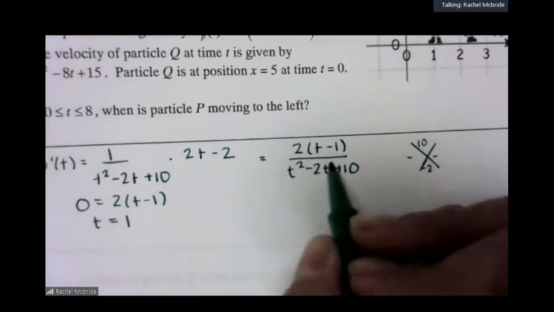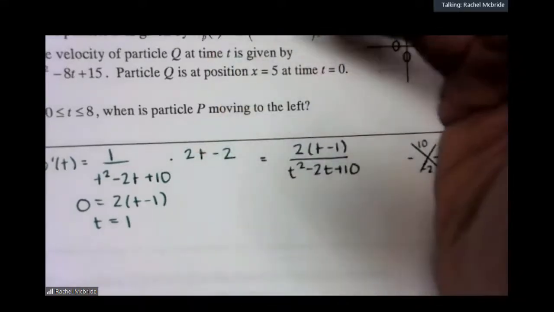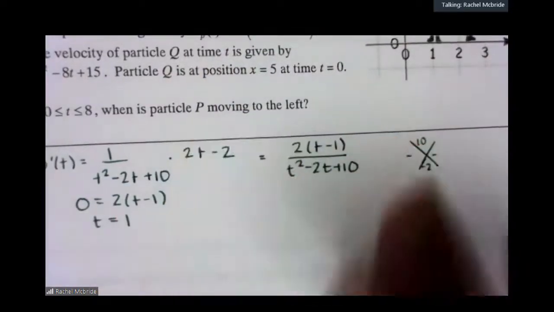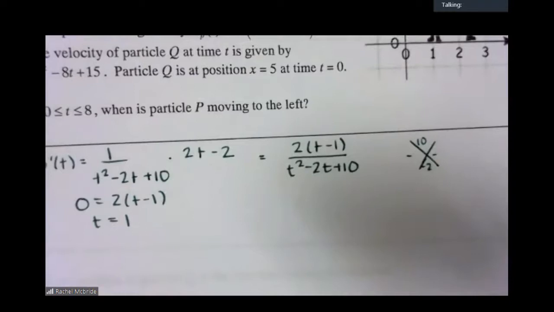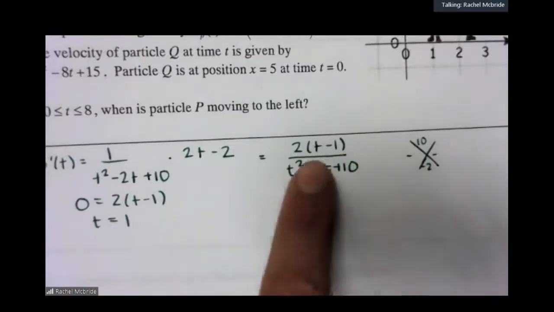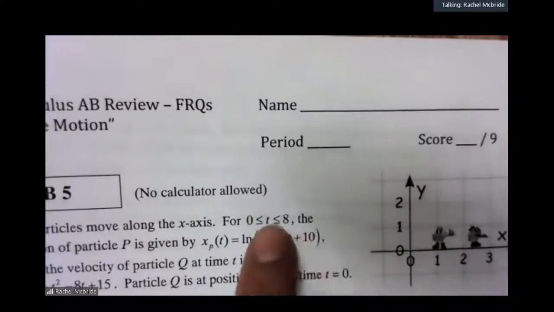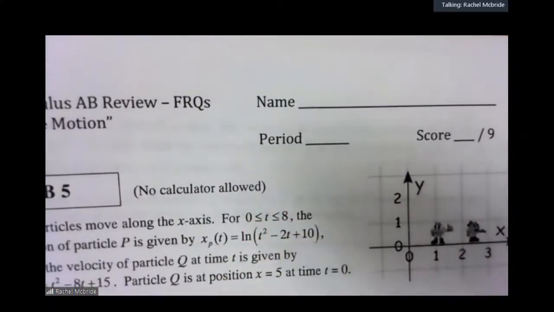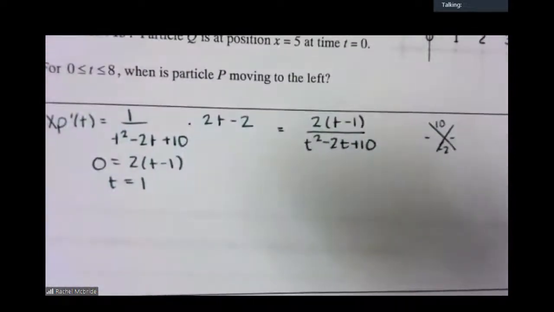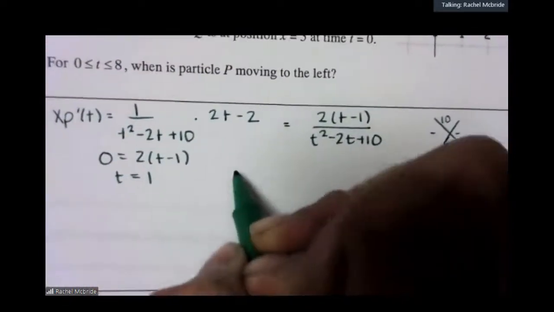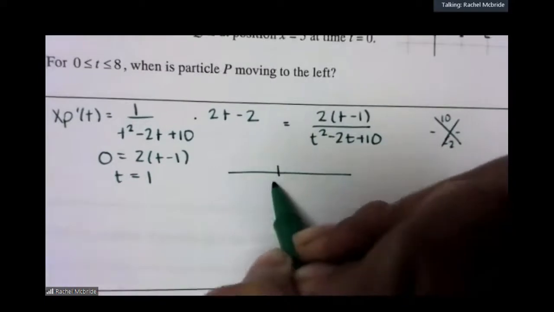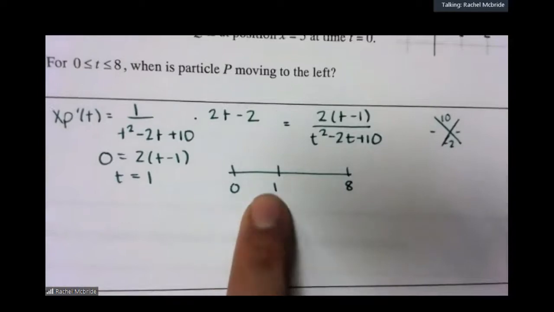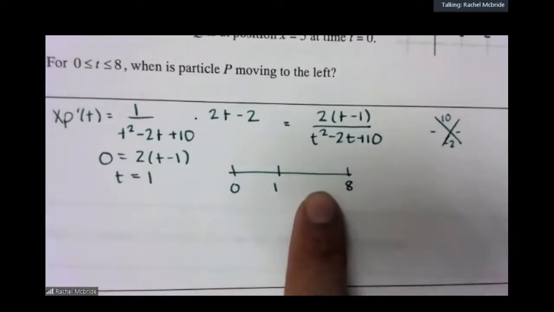So this quadratic is shifted up and doesn't cross the x-axis. Therefore, it is positive always. So there are going to be no points at which this is negative. That also should make sense because the domain of a natural log is all positives. So the denominator is always positive. Our only point of concern is 1. So we're going to compare between 0 and 1 and 1 and 8.